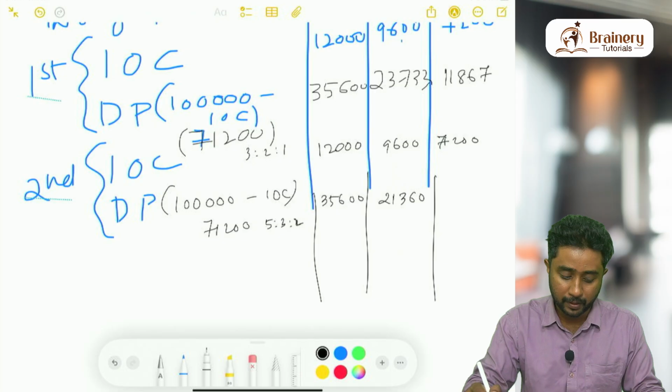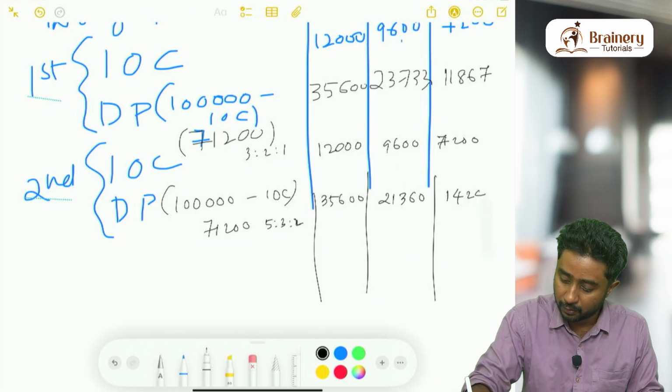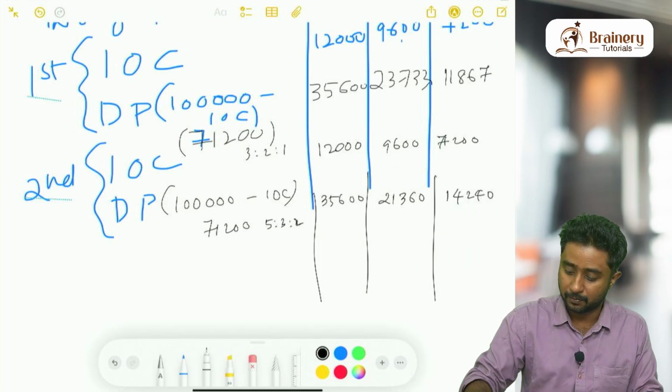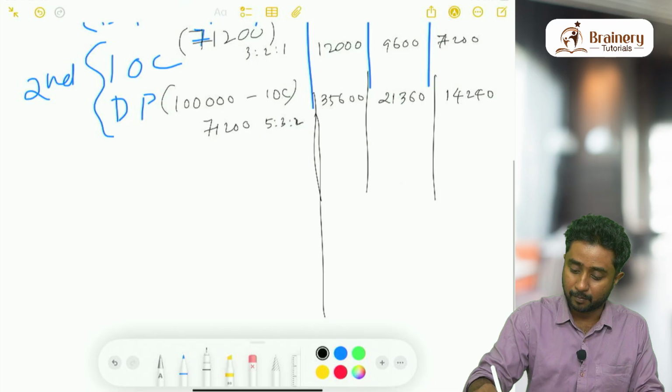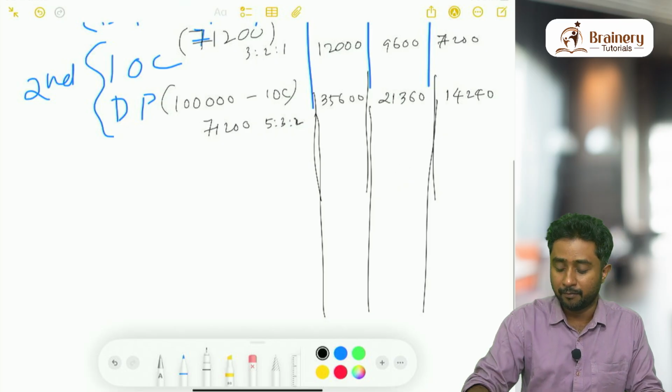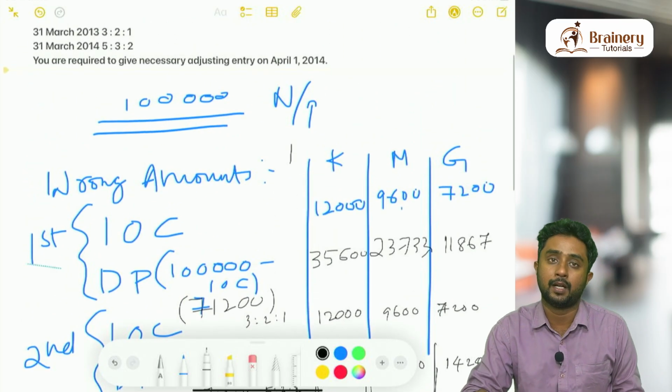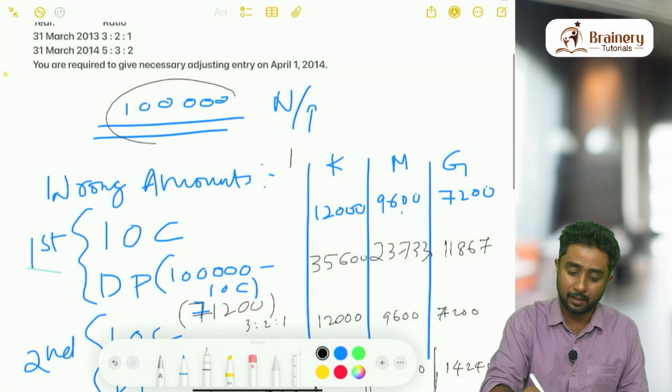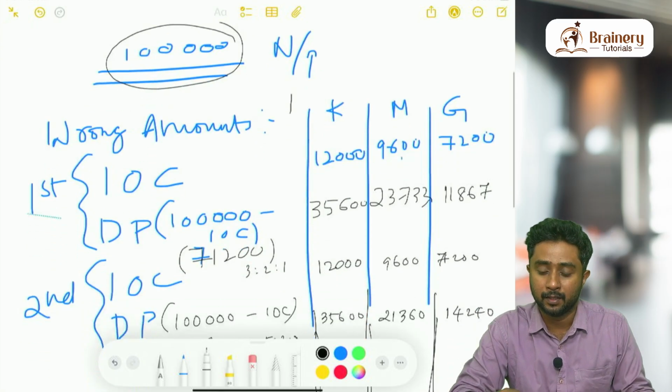Next is 2 by 10, which is 14,240. Remember, throughout this sum we have assumed the net profit as 1 lakh rupees. Keep that in mind.